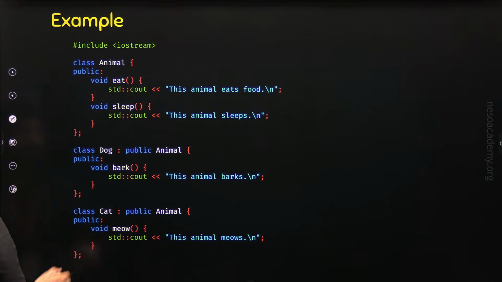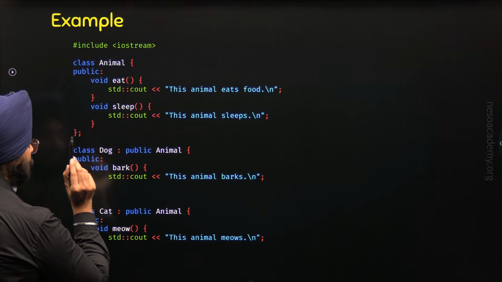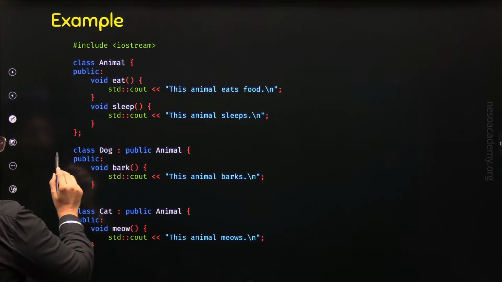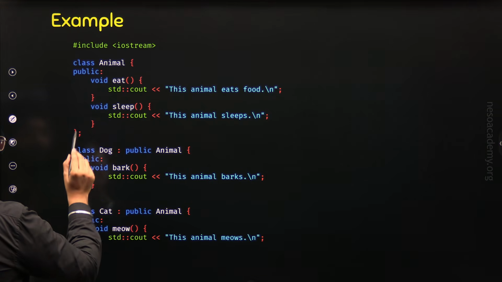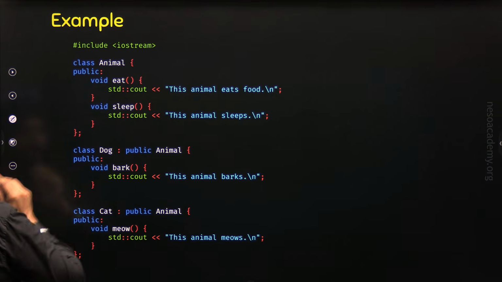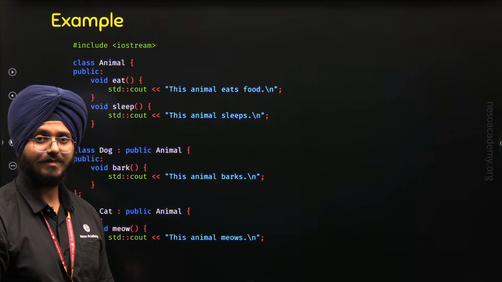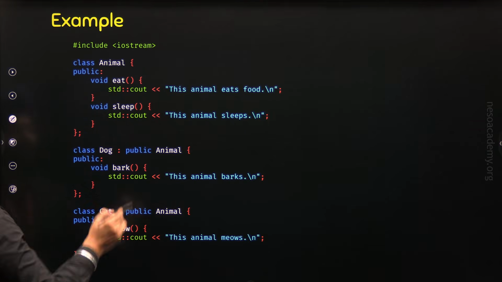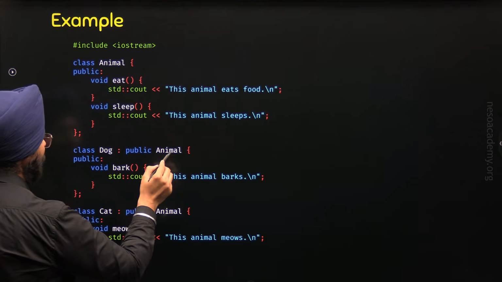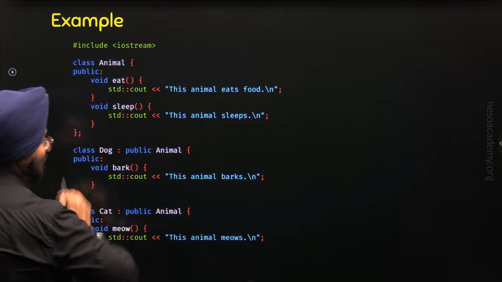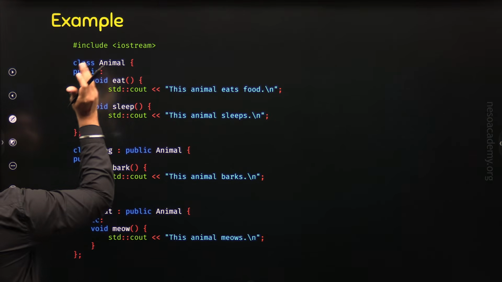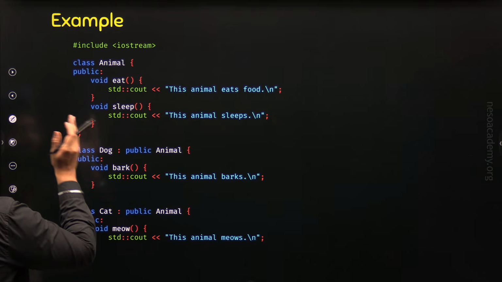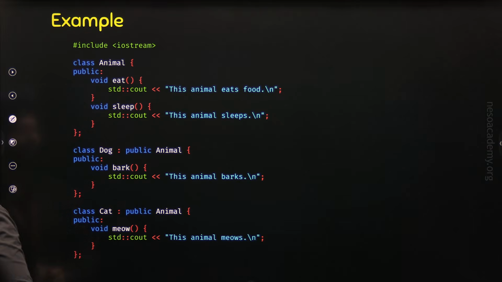Now here I have defined this derived class dog. This is the derived class because here we have followed the syntax of the derived class. Here you can observe that the class dog is inheriting from the animal class. So this is treated as the base class and this is treated as the derived class.